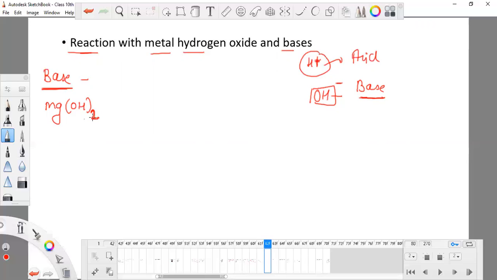Now it is your duty to revise that chapter. So this is metal and this is hydroxide. If I use calcium, this is metal and this is hydroxide. You can also use zinc, and this is hydroxide.